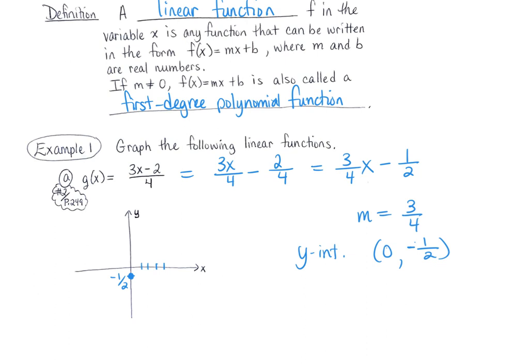Rise 3. So notice that we are at negative 1/2 here. If you rise 3, you are at 2.5. And then you run 4. And then you graph it.